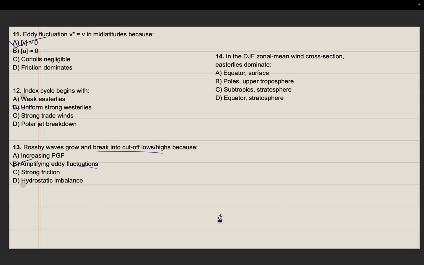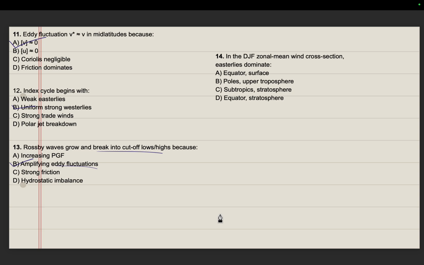I have to see the question answer. Zonal mean wind cross section, easterlies dominate: equator surface, pole upper troposphere, subtropic stratosphere, and the equator stratosphere.